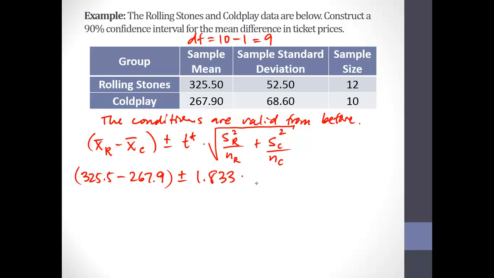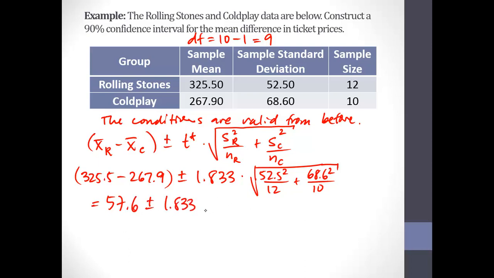And we have to do this big calculation again, which we actually already did: 52.5 squared over 12 plus 68.6 squared over 10, all under the square root. This is going to be 57.6 plus or minus 1.833 times the square root of 700.2835, which is 57.6 plus or minus 48.51.